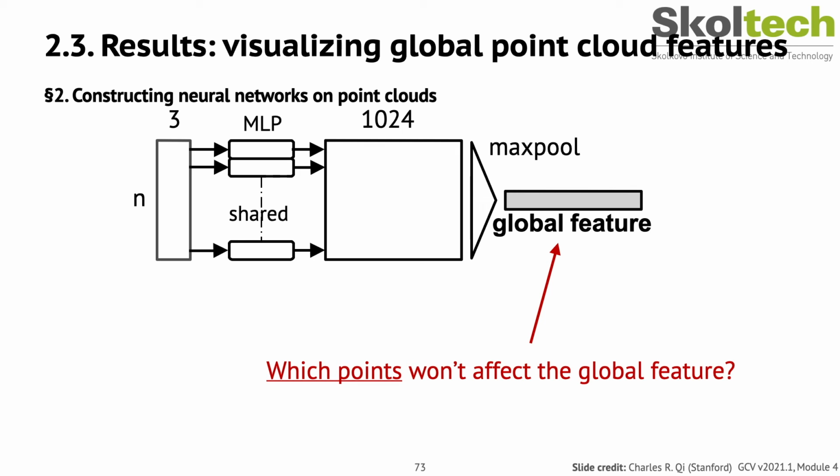Furthermore, we can find other points in space that won't affect the global feature. As one might guess, most points in 3D space won't affect the global feature, meaning that these points are not limited to the input set.